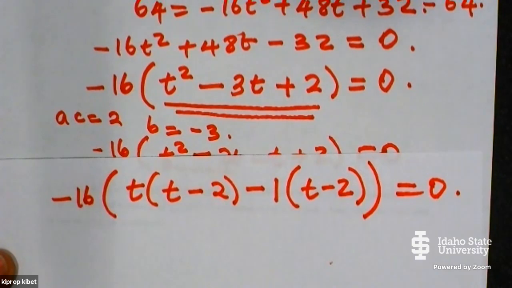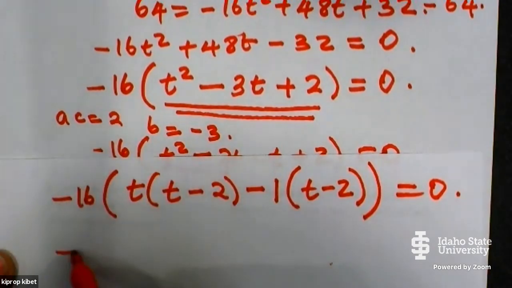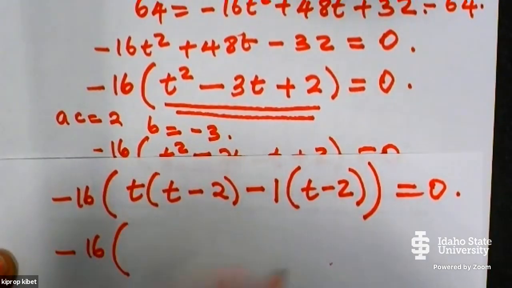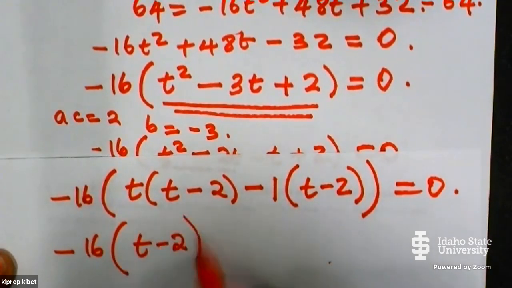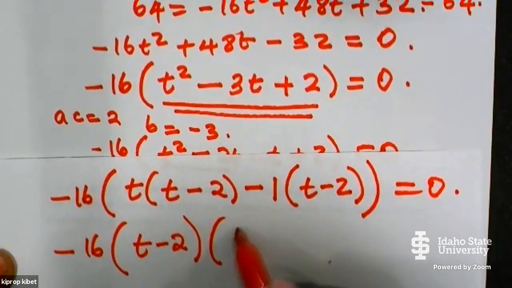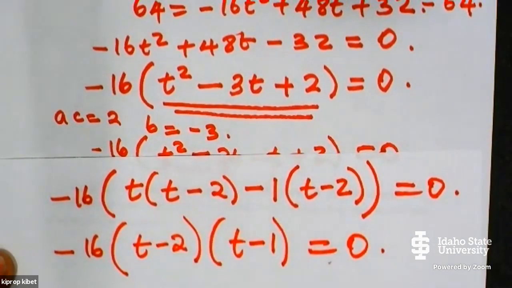Are we together there? So we get a common factor there, which is t minus 2. Then the next one is t minus 1 equals 0.